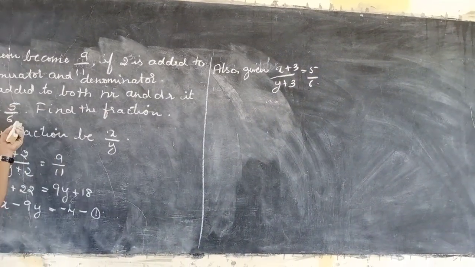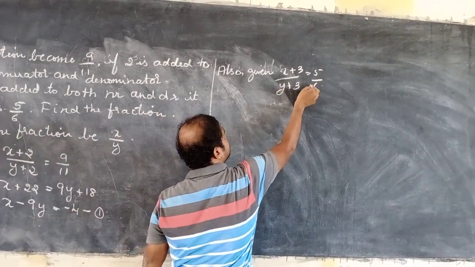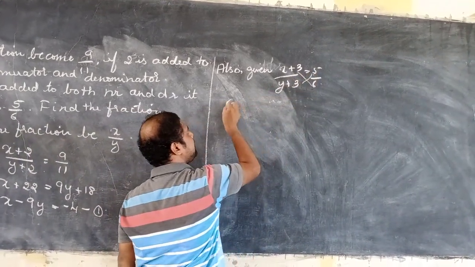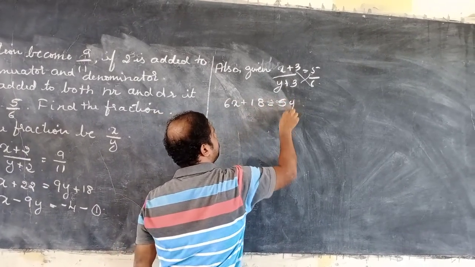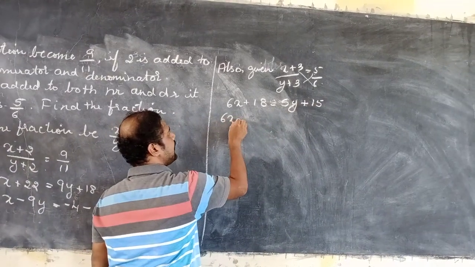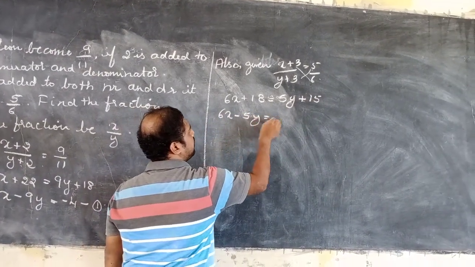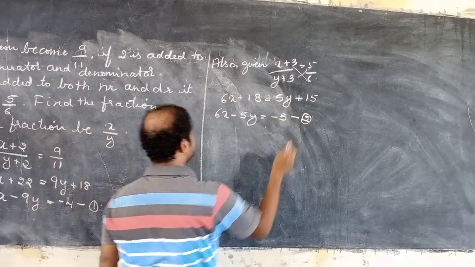So this will be simplified by cross multiplication, that is 6 into x is 6x plus 6 3s are 18 is equal to 5 into y is 5y plus 5 3s are 15. So that 6x minus 5y is equal to 15 minus 18 is minus 3. Take it as equation 2.